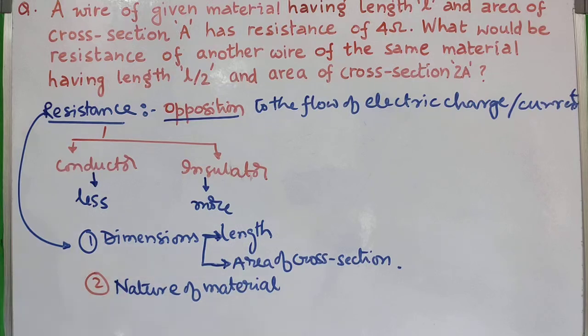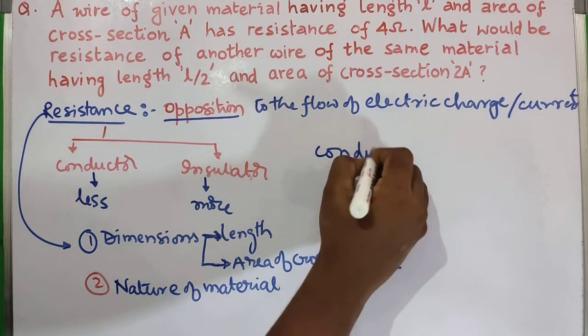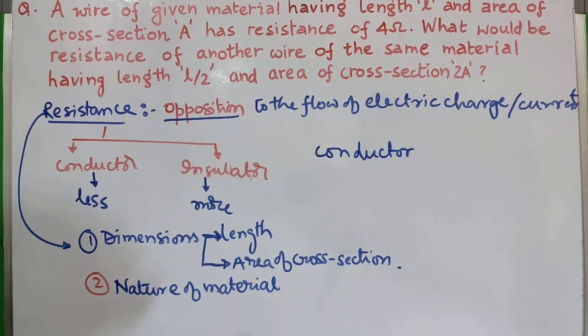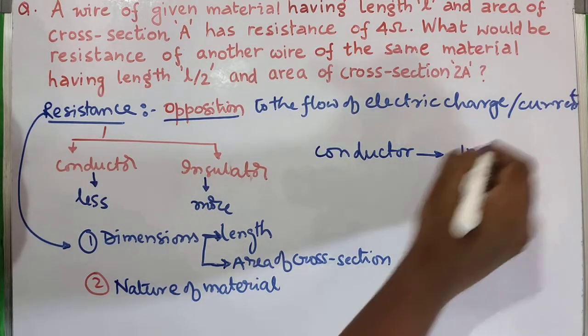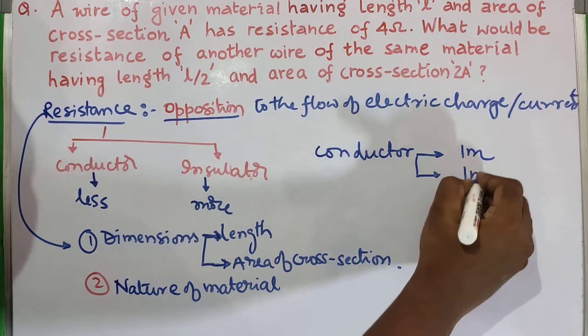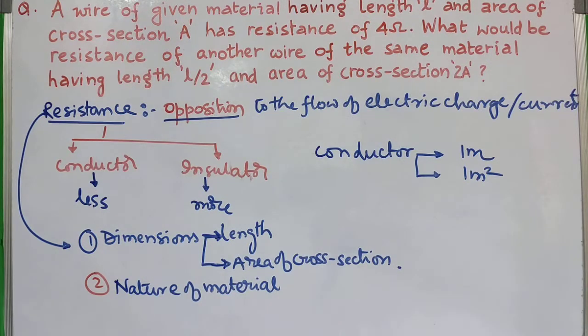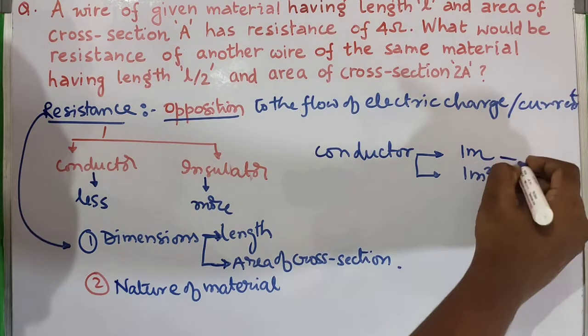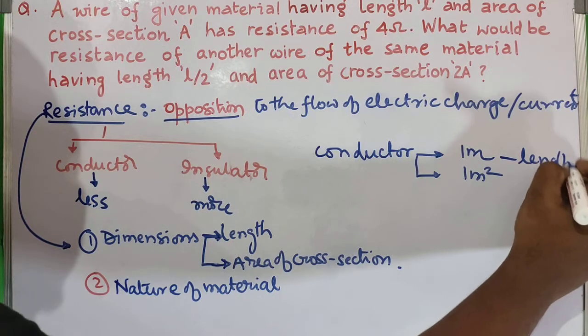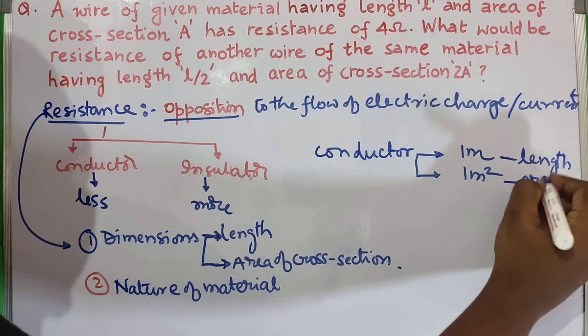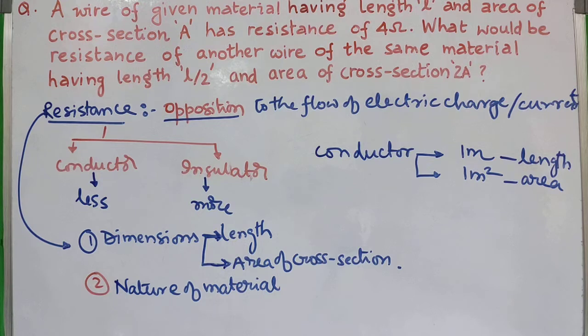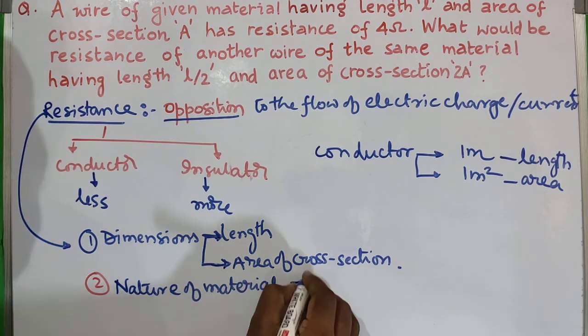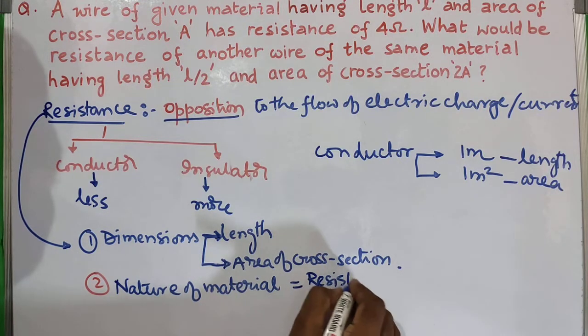In order to denote this nature of material with a numerical value, what we do is we take a conductor of length 1 meter and area of cross section of 1 meter square. Whatever the resistance shown by this conductor, we give it the name resistivity.